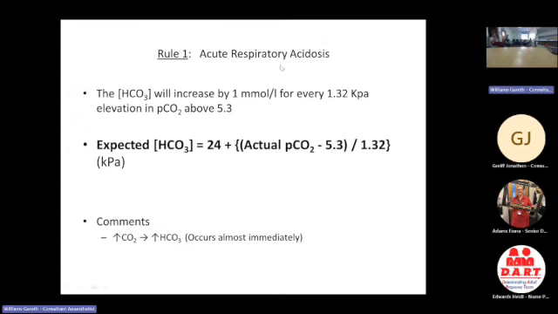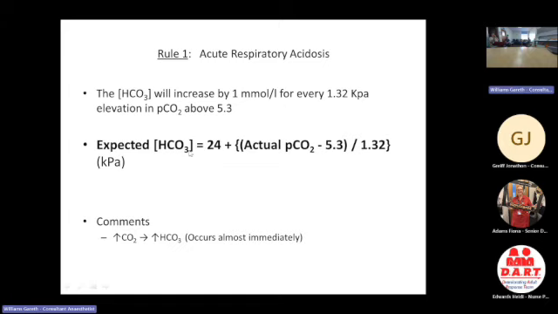So rule 1 is about acute respiratory acidosis, so someone who's CO2 retaining. You would expect bicarbonate to go up in metabolic compensation. If it's relatively acute, you would expect to see an increase of 1 millimole of bicarbonate per litre for every 1.32 increase in kilopascals above 5.3. And that's the calculation.